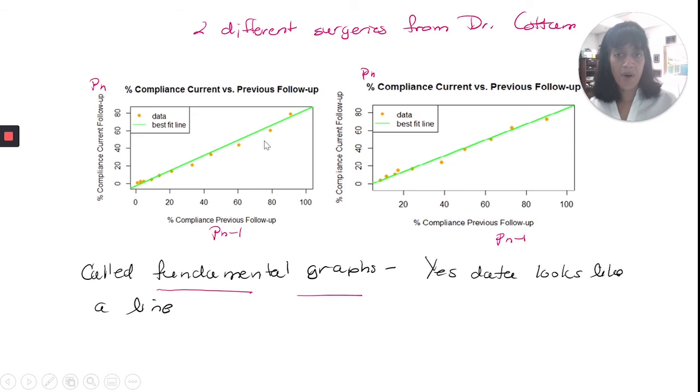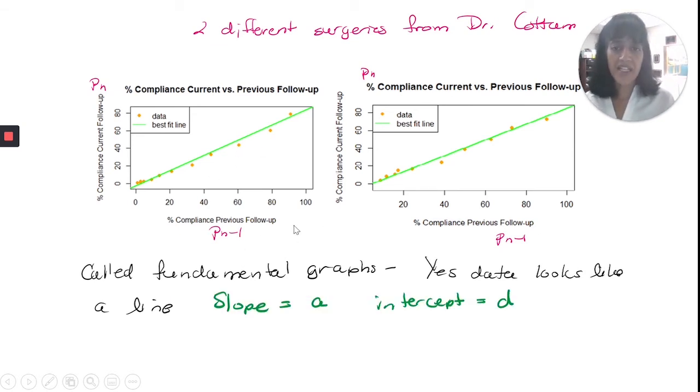And that data doesn't fall perfectly as a line, but if you cross your eyes, you can kind of say that does look like a line. Excel will give you the slope of the best fit line and the intercept of that best fit line. And so once you have the slope of the line, that's your A, and the intercept is your D. So it's pretty cool. I'm going to show you in a second how to do that.